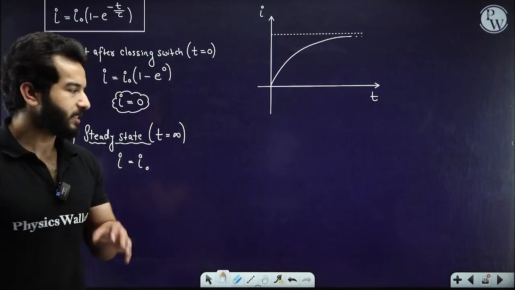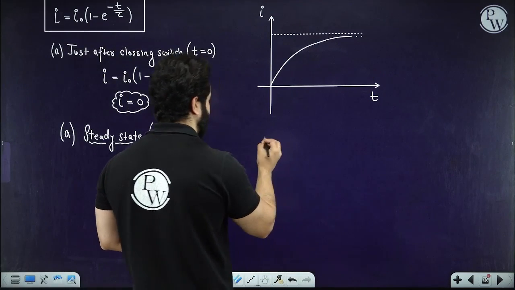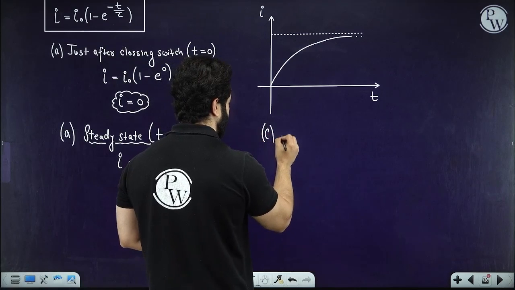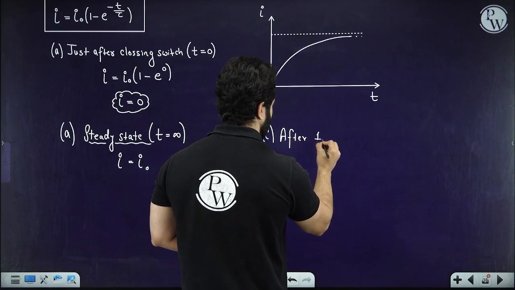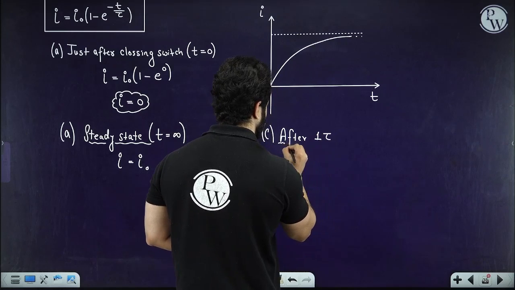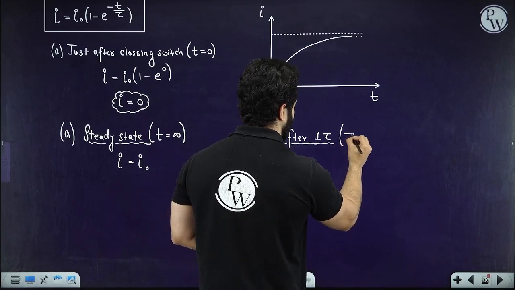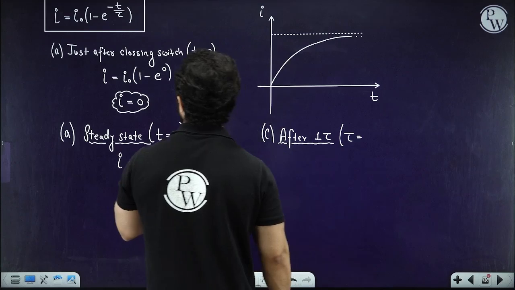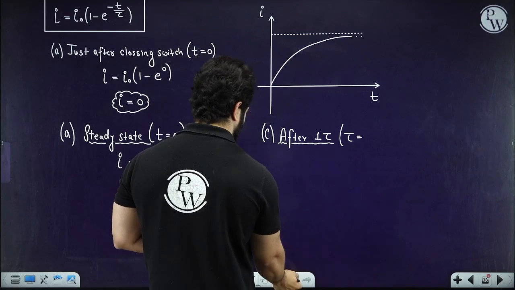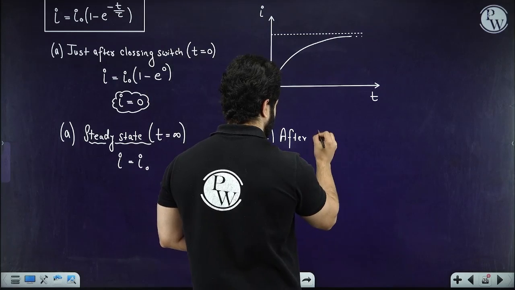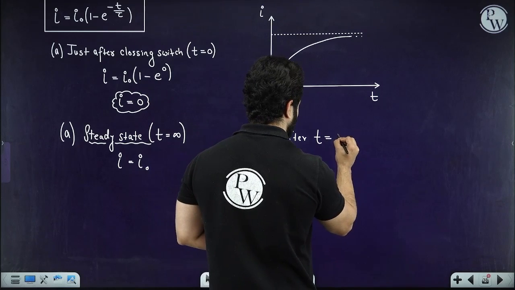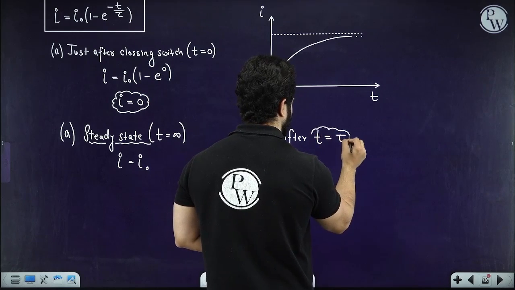Now there is also a significance of a time constant. Let's suppose we are talking about after one time constant. What does this mean? At t equals tau, that is one time constant.